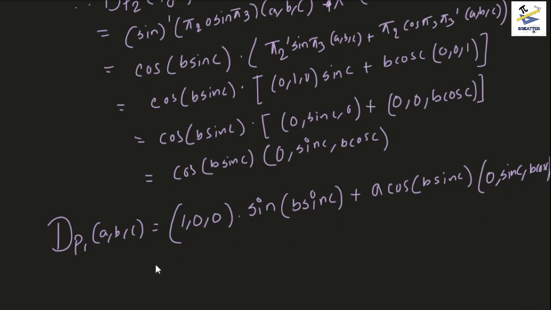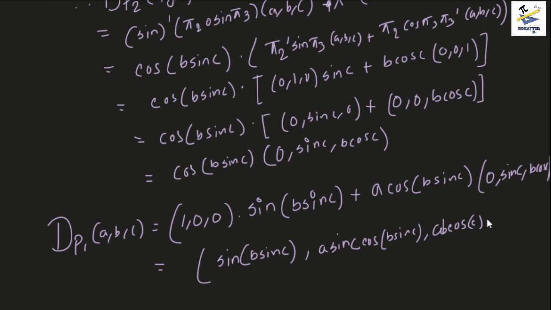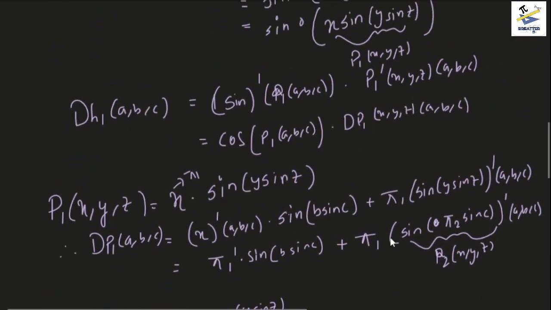Okay, so all in all what it gives us is this: sine of b sine c, a into sine c into cosine of b sine c, and at the end a b cosine of c into cosine of b sine c, and this is what dp1 is basically all about.